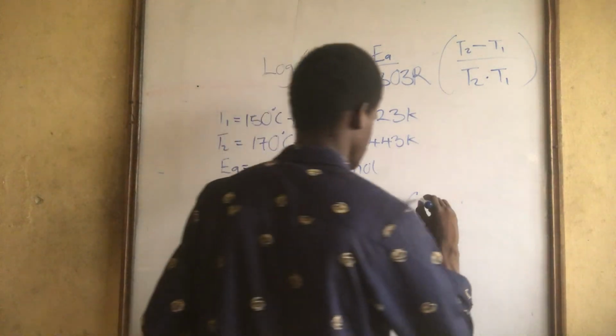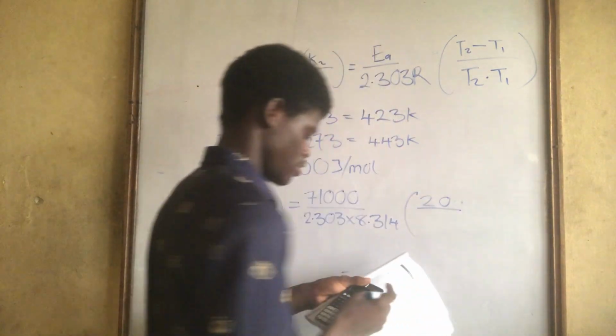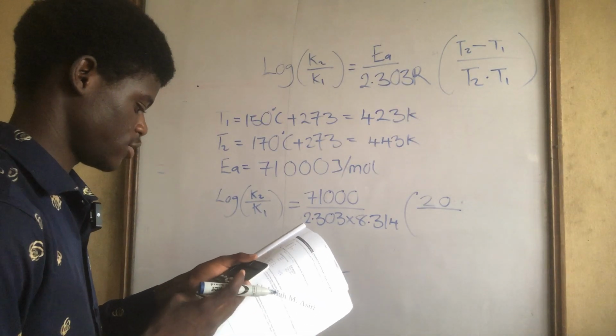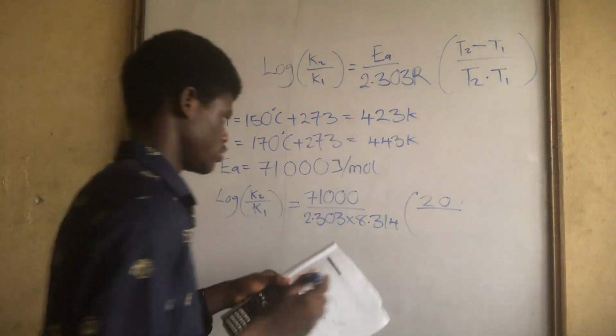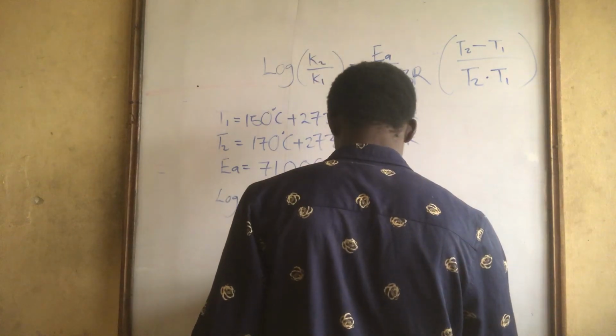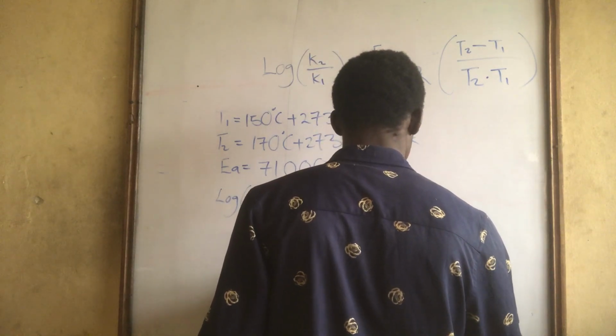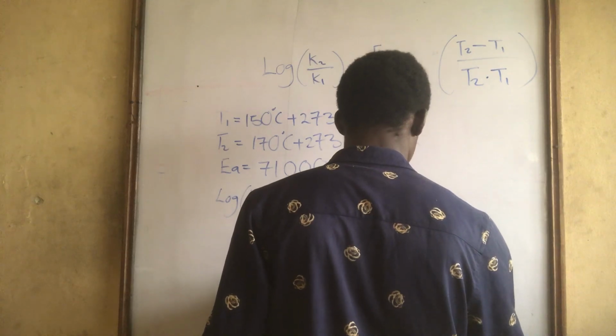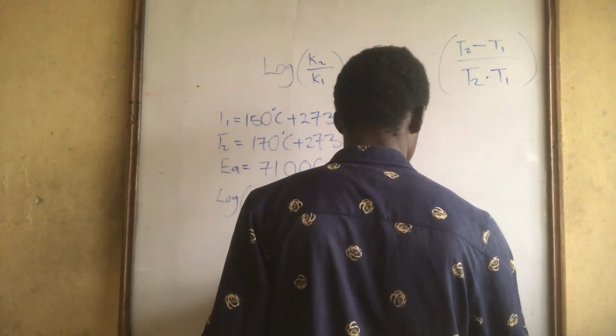That's 20, divided by the product of both of them, 423 times 443. That's a big huge number, 187,389.